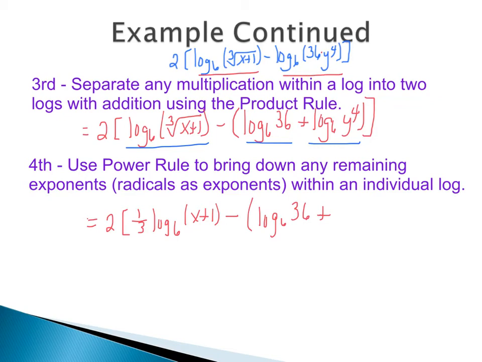Again, we can see that we have an exponent of 4, so that 4 is going to be dropped down in front of the log that it's attached to. So we're going to have a 4 log base 6 of y. This is what we have so far. Again, the square bracket notes that we still have that 2 on the outside. Every exponent that we had just got dropped down in front of its associated log.